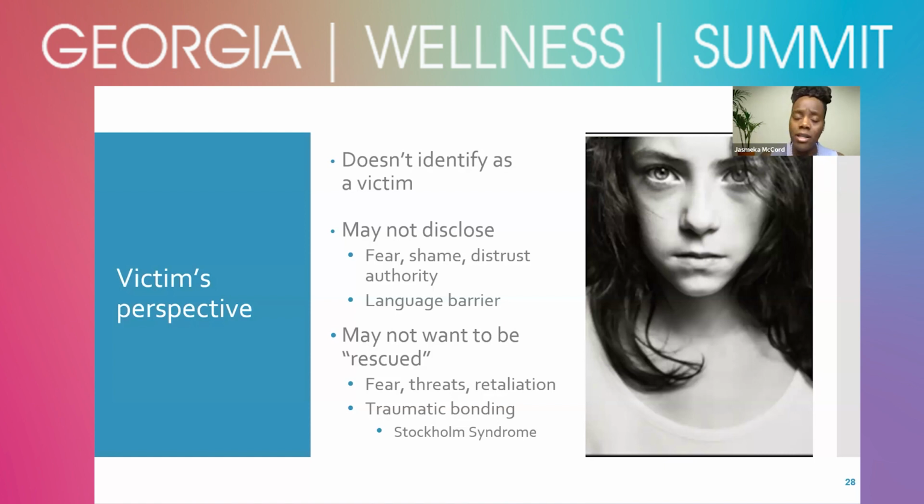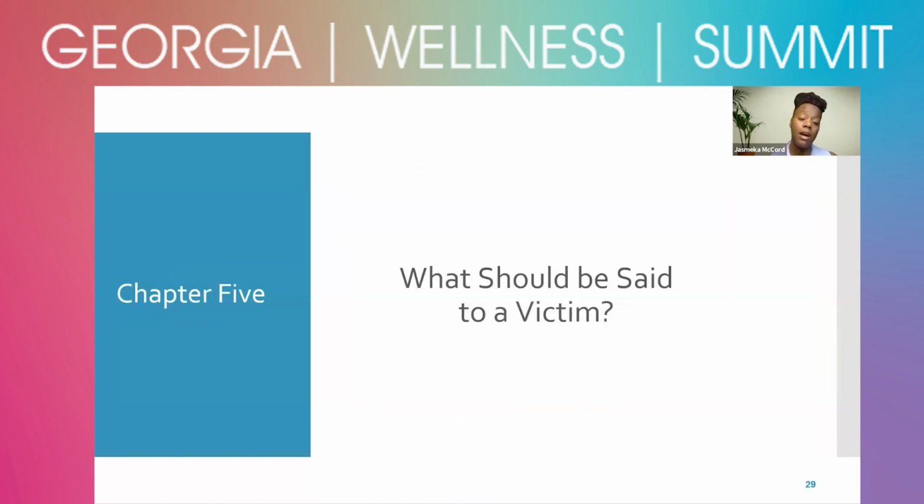There's traumatic bonding that we have to consider when the victim becomes so bonded or so reliant upon their perpetrator that they don't want to be taken away from that person under this traumatic bonding scenario. So there are a lot of different things that we have to consider and know that this is not a straightforward thing. It's not easy by any means. There are a lot of barriers that you got to overcome to successfully identify and intervene with a trafficking victim.